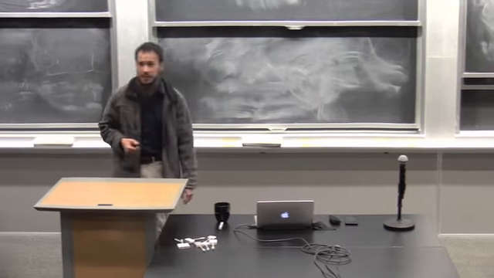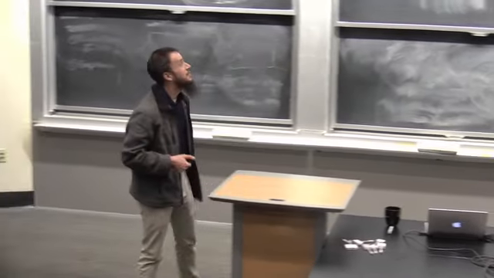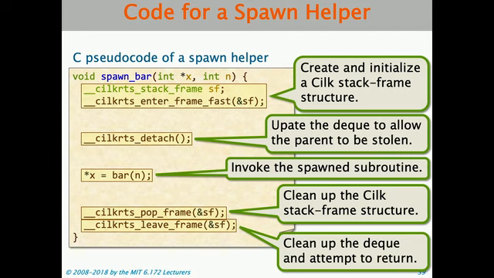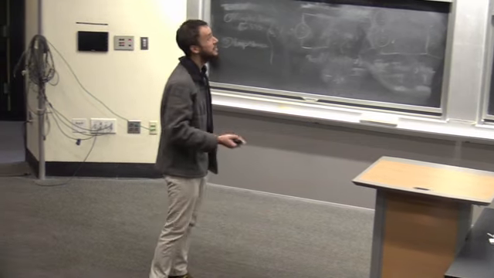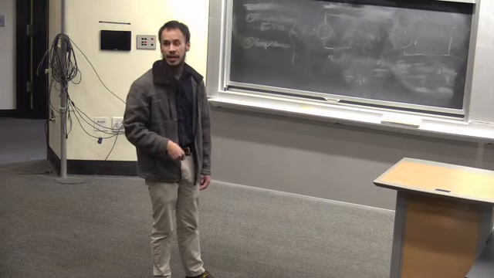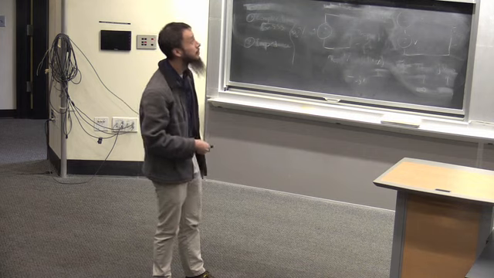This is the spawn helper. It looks somewhat similar. I've added extra white space just to make the slide a little bit prettier. And in some ways, it's similar to the spawning function itself. We have a Cilk RTS stack frame for the spawn helper, another call to enter frame, which is just a little bit different, but essentially, it initializes the stack frame. Its reason to be is similar to the enter frame call we saw before.